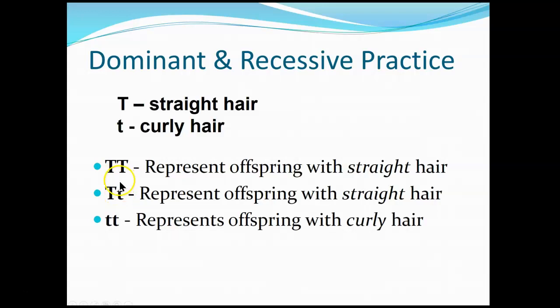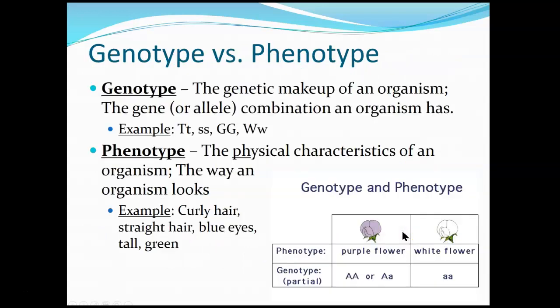So the genotype is heterozygous, but the phenotype, how that person looks, is straight hair. Now this person is homozygous for the recessive trait, two lowercase t's, so their genotype is homozygous recessive, but their phenotype, how they look, is curly hair.